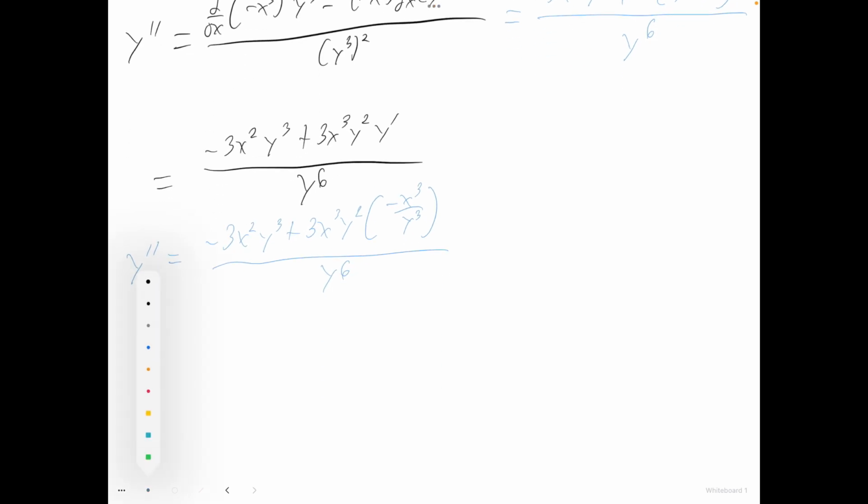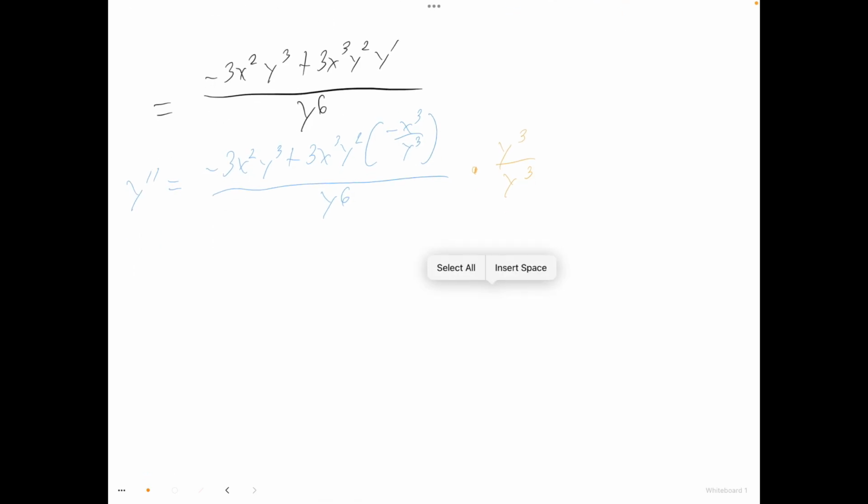So now we are just going to simplify this. Okay, so this is the second derivative, but we want to simplify it to make it easier to work with. So I'm going to multiply the top and the bottom by y cubed, just to make it so we don't have a mixed fraction on the top. So we got y double prime equals negative 3x squared times y to the sixth, because we're multiplying by y cubed, plus 3x cubed y squared times negative x cubed.